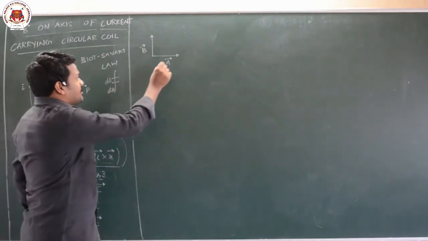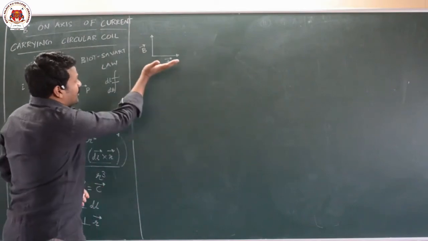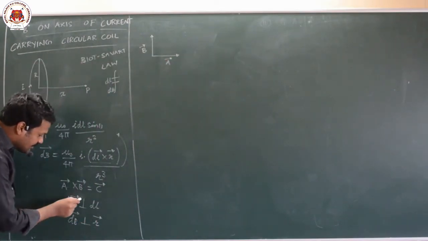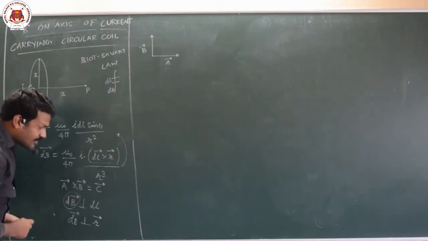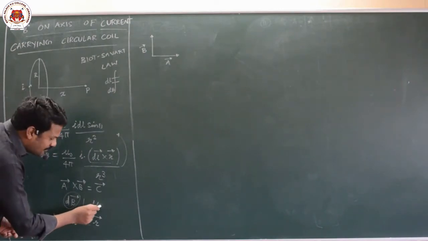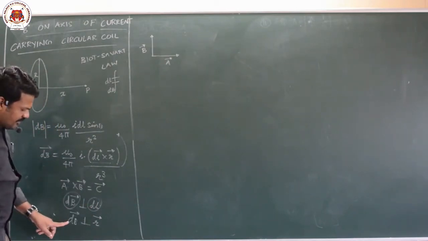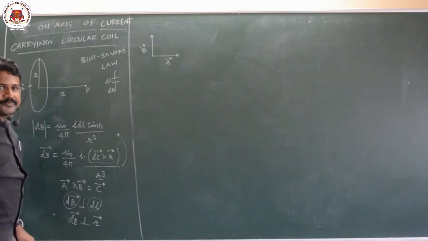So if this is A, this is B, if you do A bar cross B bar, this is C bar. So here what you have to understand is the magnetic field is perpendicular to DL. DB is perpendicular to R bar.